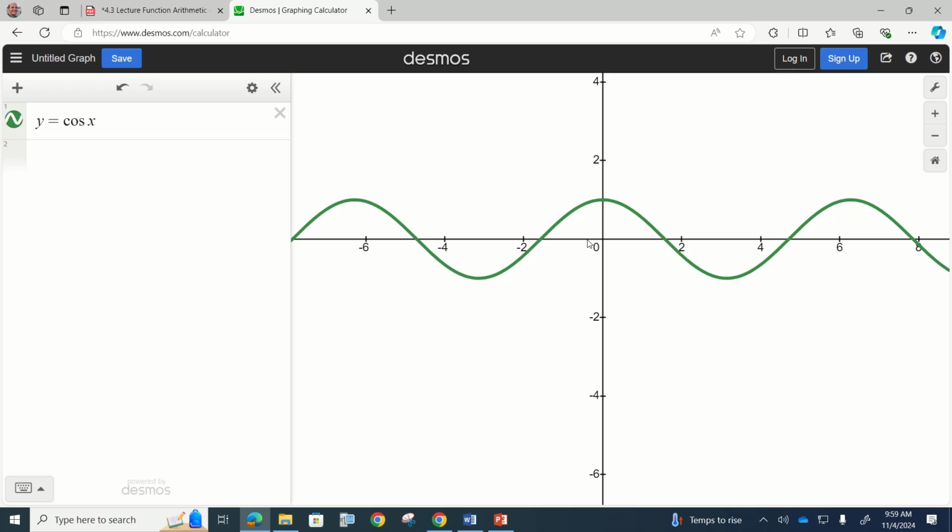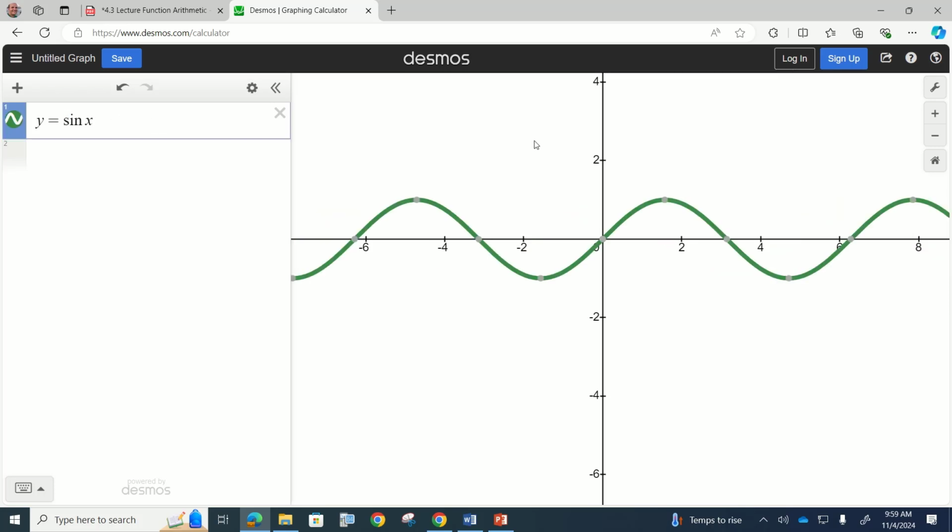If it looks like a mirror image of itself, left and right, that would make it even. So this is an even function, because it looks like a mirror image of itself. What about this function? Is that even or odd? Or neither?